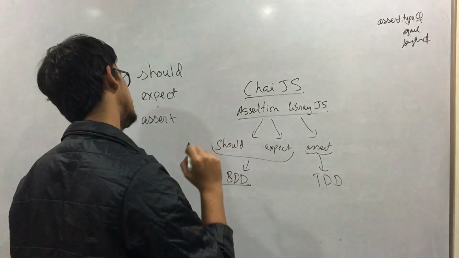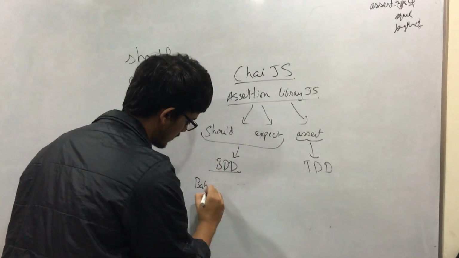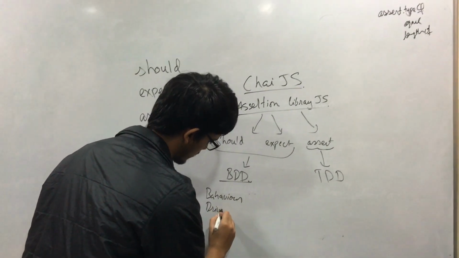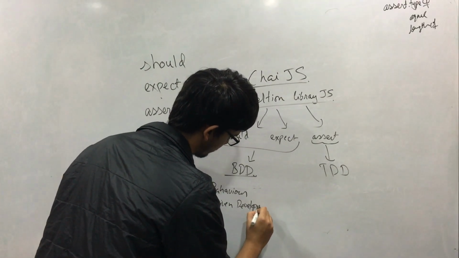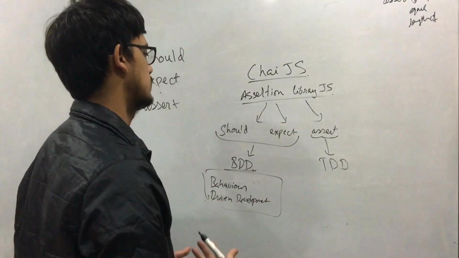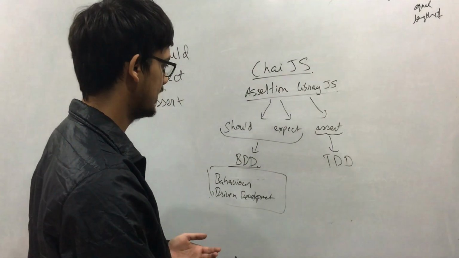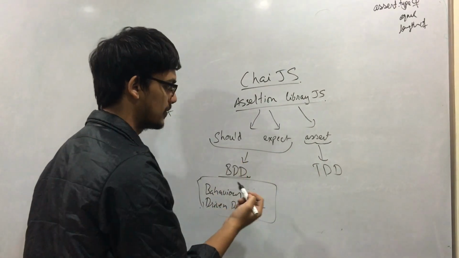Now, what BDD is basically behavior driven development. Behavior driven development forces you to basically first write the behavior or the functionality and then write the test cases according to the Chai.js documentation.